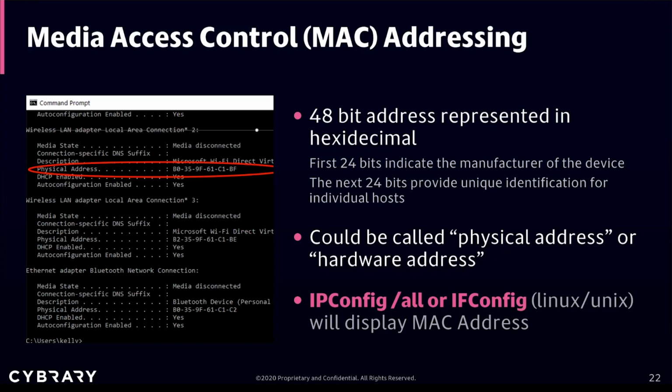The last 24 bits are unique to the host and unique to the network interface card. So even if we do have the same first 24 bits, our host address will be different. This is called the physical address or hardware address, but it's a MAC address. How it's referred to will really depend on the operating system. Ultimately, what we're talking about is the hardware address of the network card.